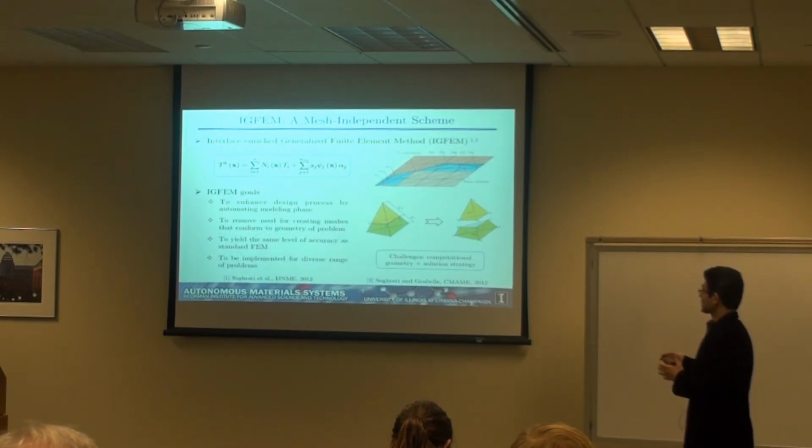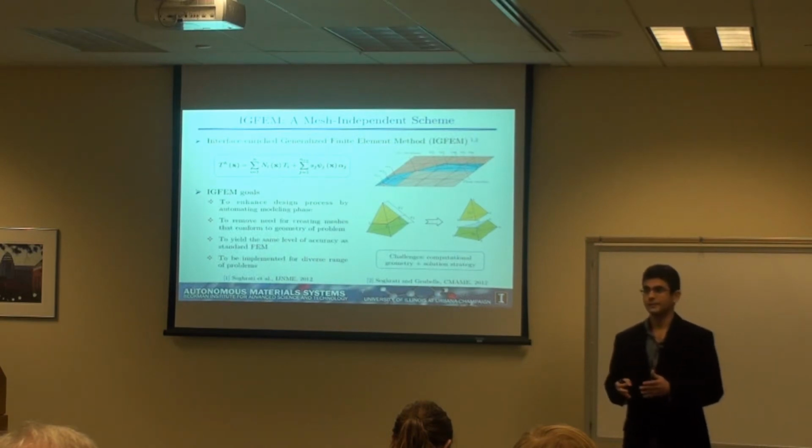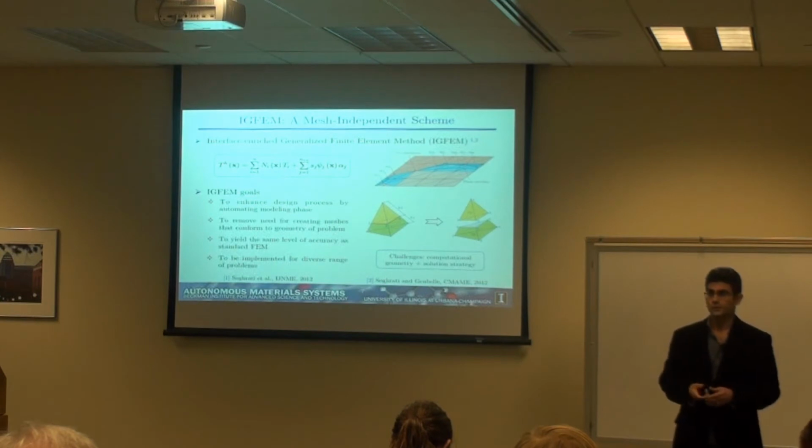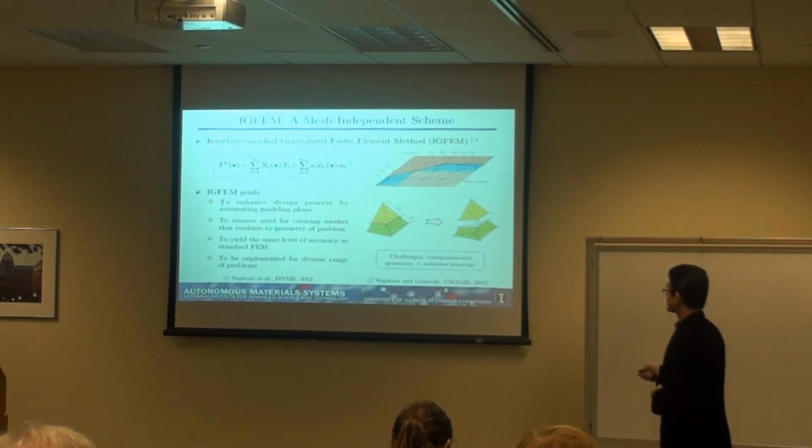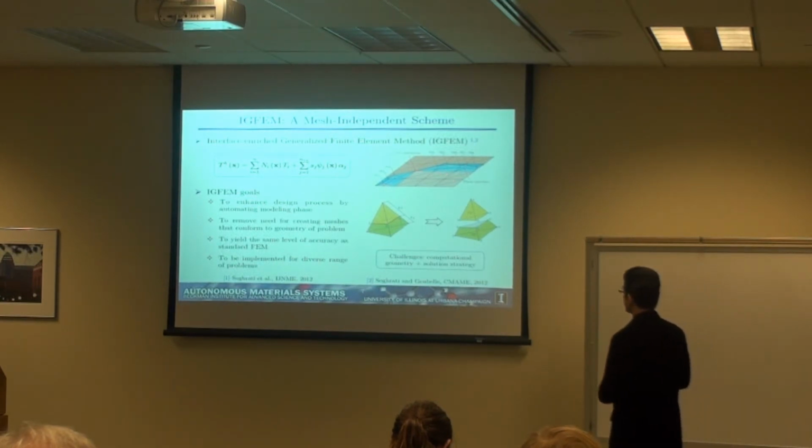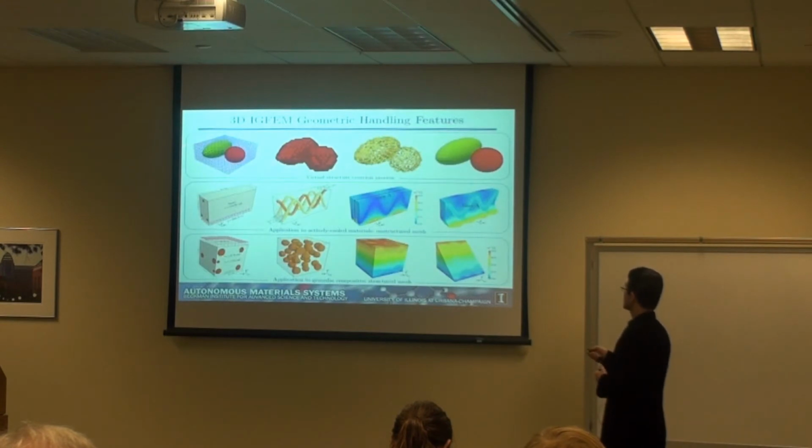And then when you are eliminating those two steps, it's also very important that you maintain the accuracy. So this method should still work as accurately as those conventional methods. These are the two things that we achieve with the IGFM solver. Here you can see a schematic of the computational geometry involved in creating these geometries.